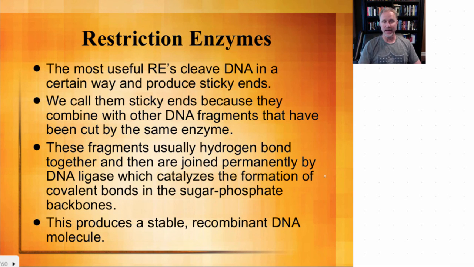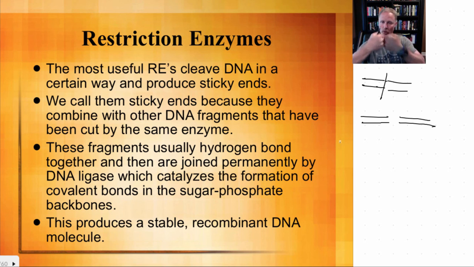The key with these things is that they produce sticky ends. So in other words, we know that the DNA molecule is joined together by these various hydrogen bonds. Okay, so if we break it like this, if we cut it right here, what we end up with are two what are referred to as blunt ends. So these things don't really serve any useful purpose because it's really hard to get them to go together.